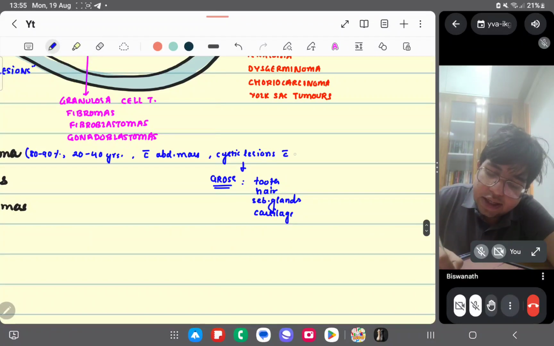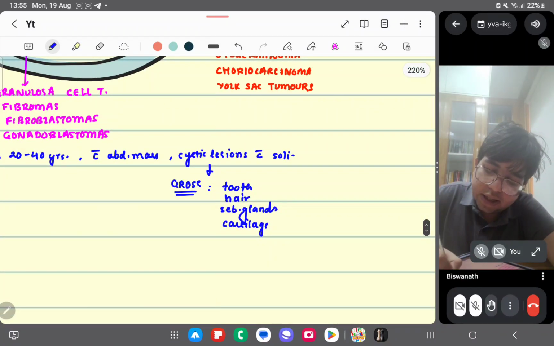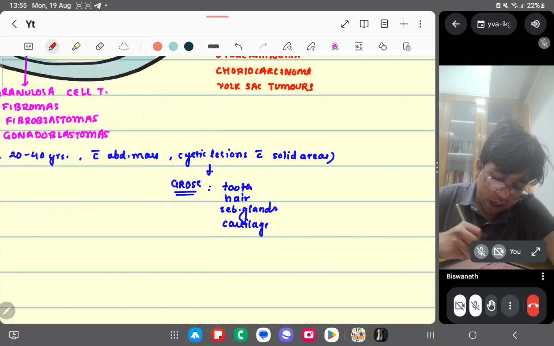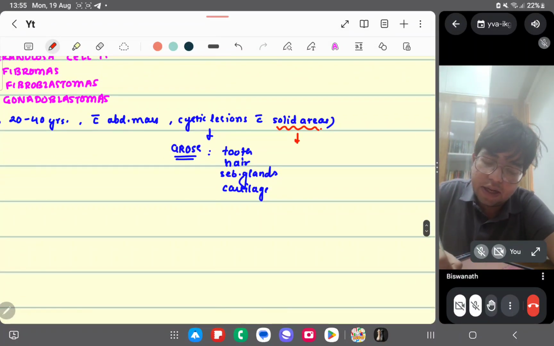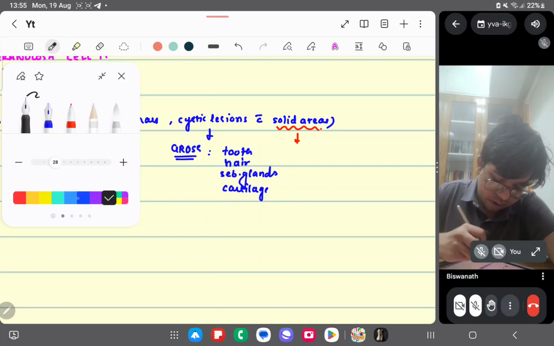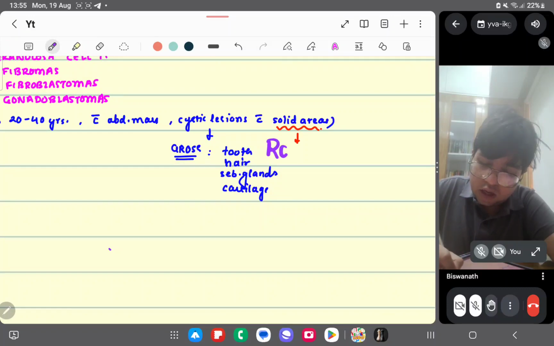And cystic lesions with solid areas, and the solid areas are called the Rokitansky protuberance. This is an important word.